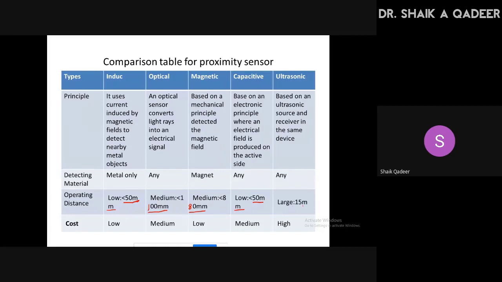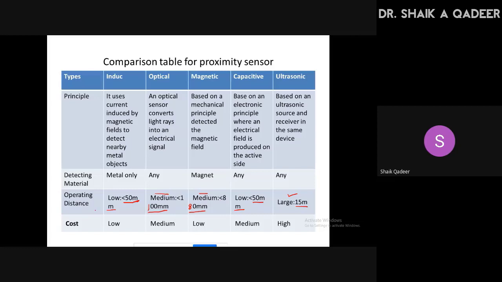And please observe, ultrasonic is covering 15 meter. So from the range point of view, this is the best. Optical and magnetic are falling in the medium category, whereas inductive and capacitive transducers are falling in the category of low range sensing.